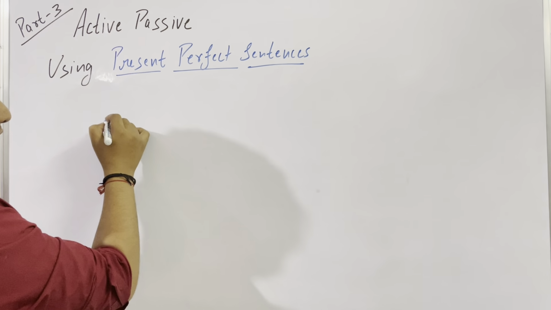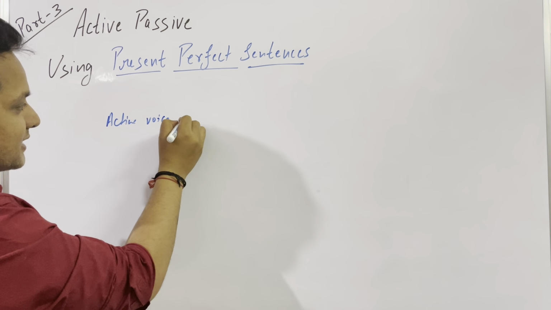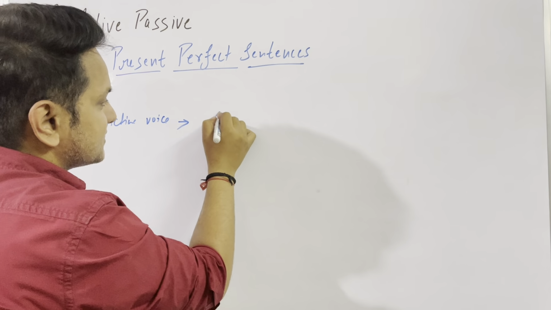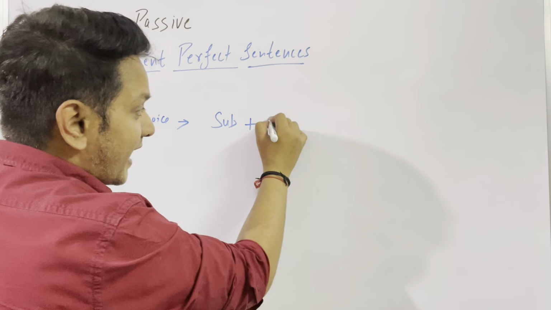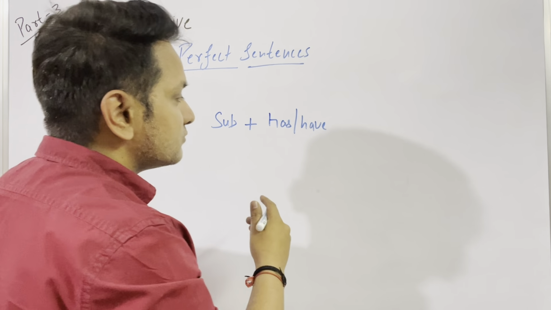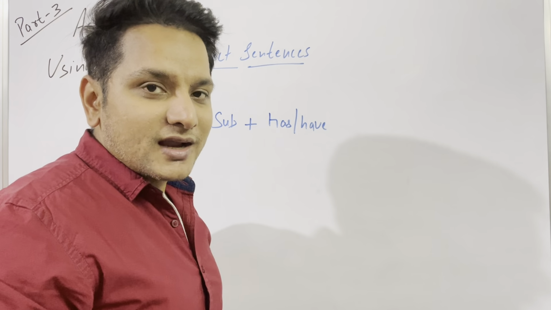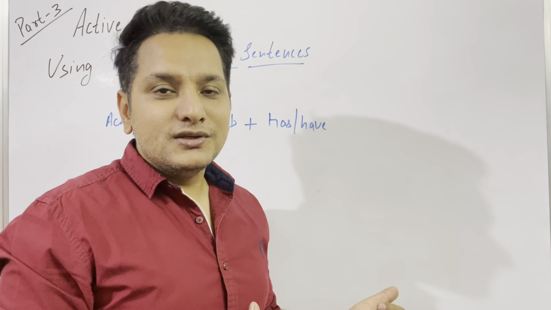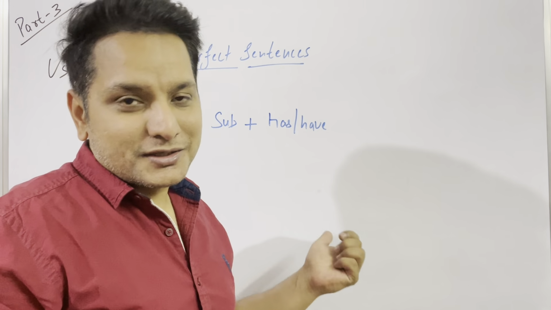As I said before, an active voice sentence is written like this. In a perfect sentence, subject plus has or have. I hope you know these things. If you do not know something about these things, just make sure that you go to the tenses video on my channel and watch that, and then come back here.